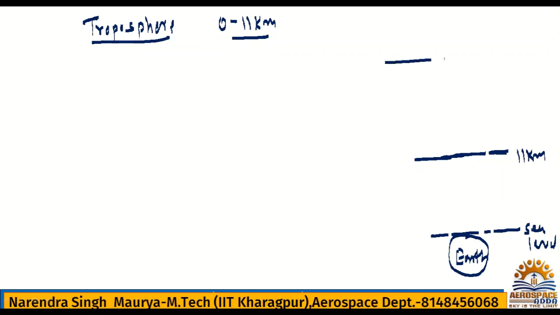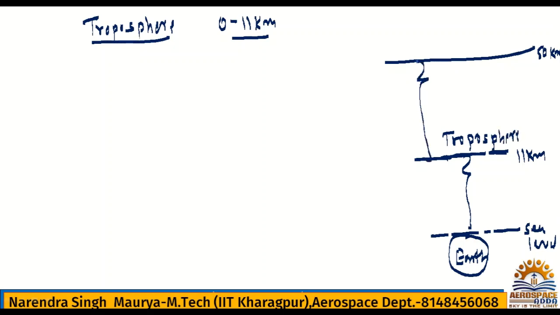And this is, say, 50 kilometers. So from 0 to 11 kilometer, this is the troposphere. Listen carefully. And from 11 kilometer to 50 kilometer, it is the stratosphere.